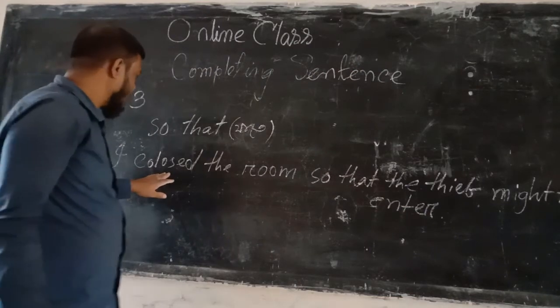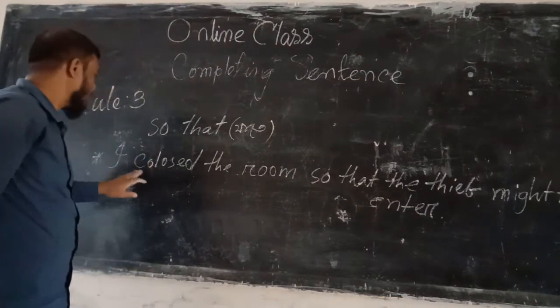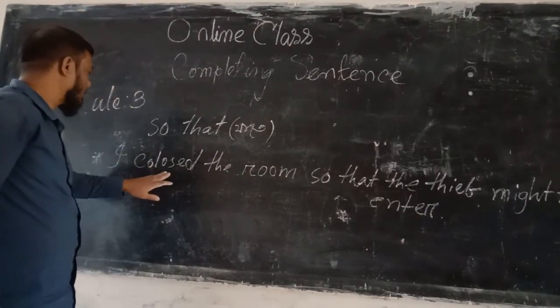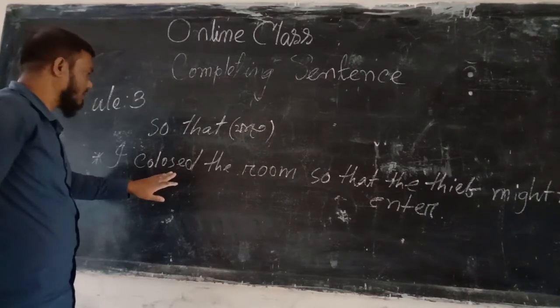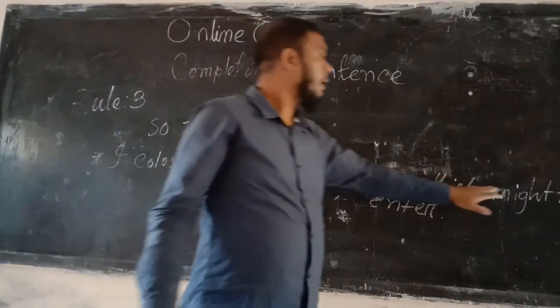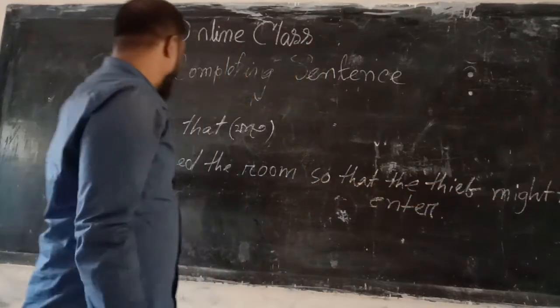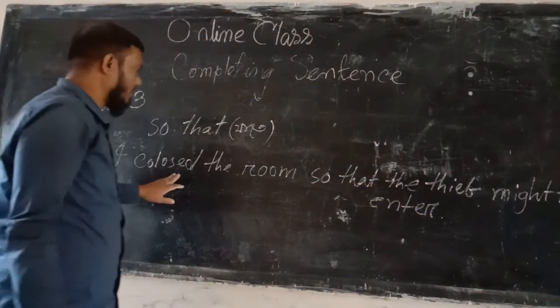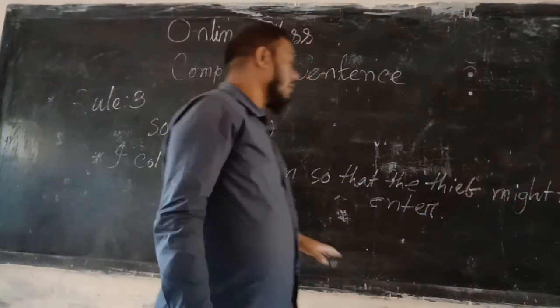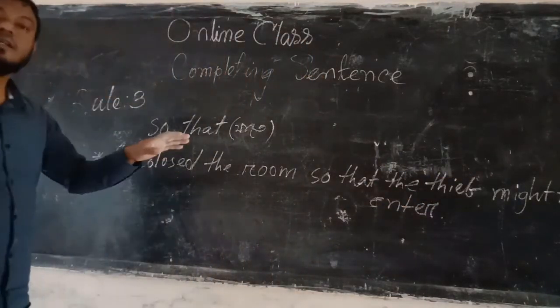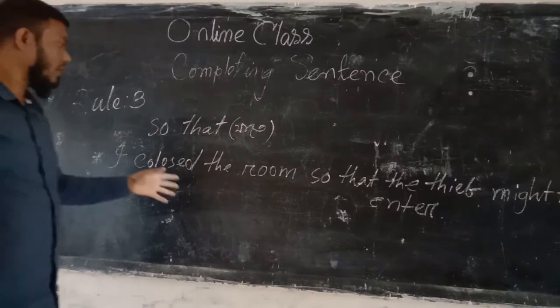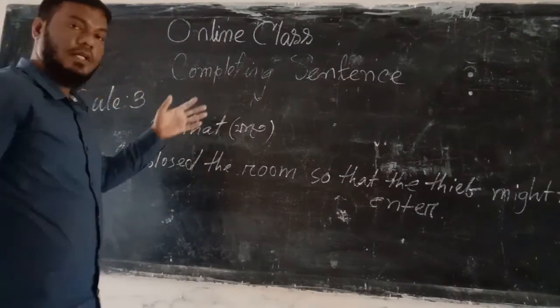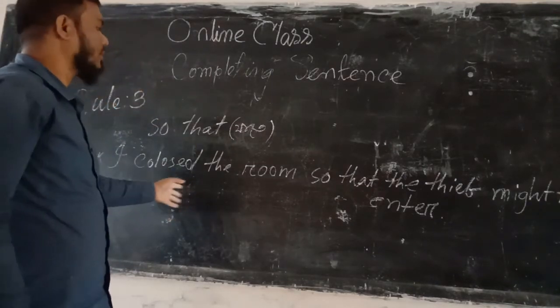If the verb of the first sentence is present form, we have to use may not, and if the verb of the first sentence is past form, we have to use might not to complete the meaning of the sentence. For the necessity of the demand of the sentence, we have to use it like this.